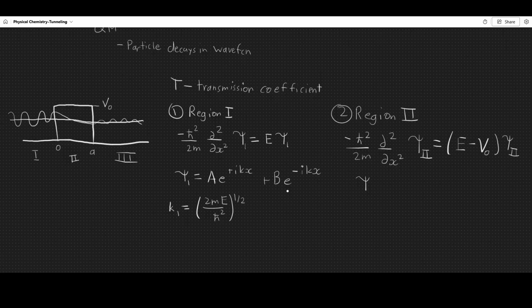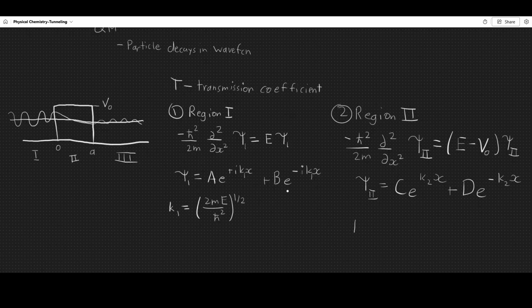If we were to solve for psi, we would get psi 2 as equivalent to C e, another constant, and we'll call this K2. I didn't call this one K1. Oh, this is K1. So this is C e to the K2x plus D e to the minus K2x. Perfect.